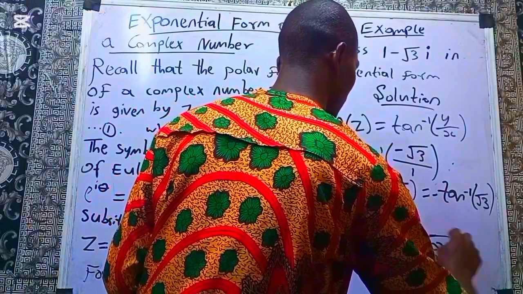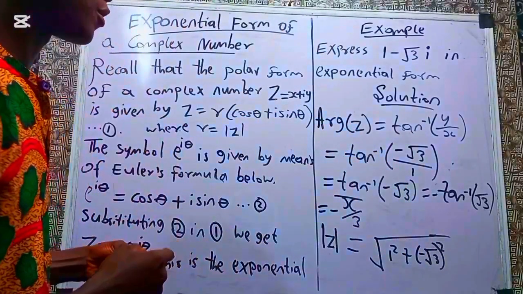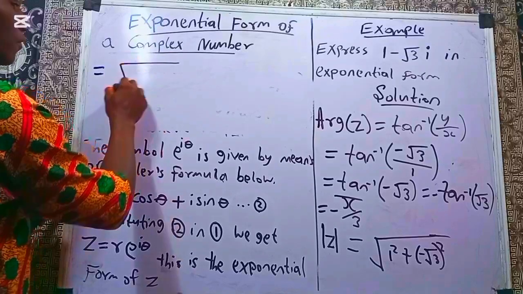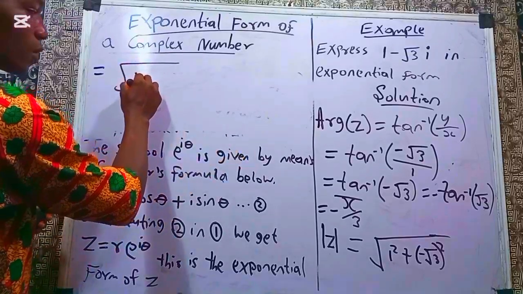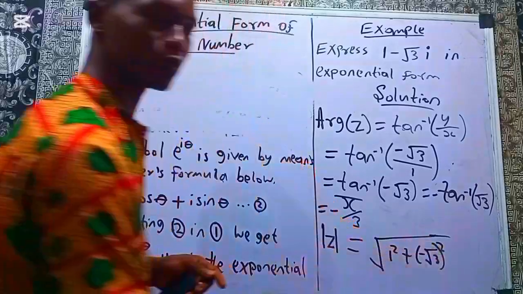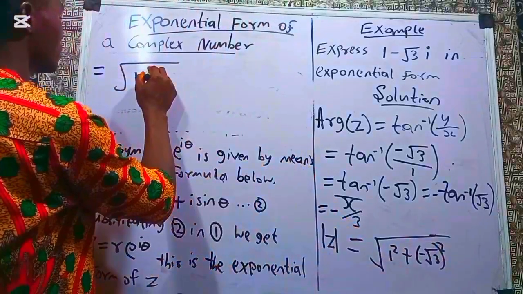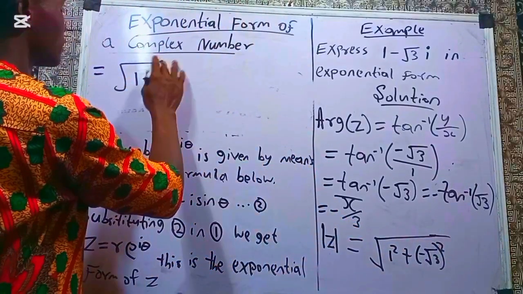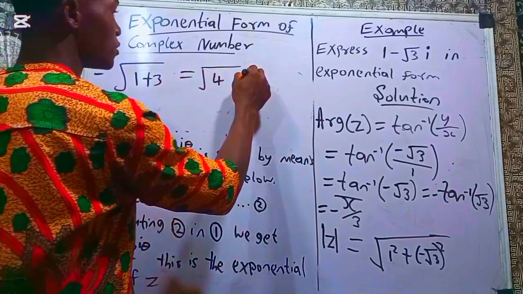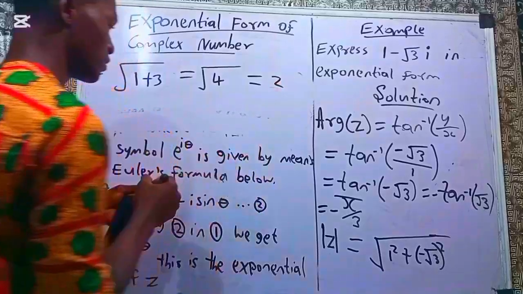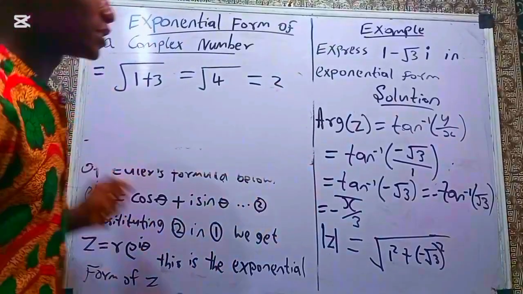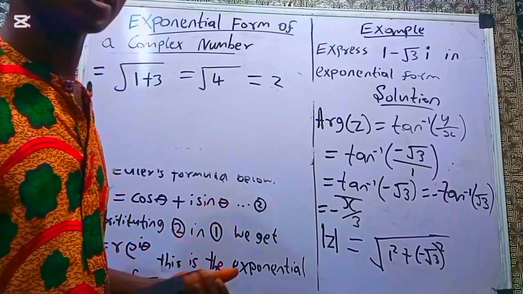Then you square it. So this will be equal to square root of 1 squared, which is 1, then negative square root of 3 all squared gives you 3. So you have positive 3. Then 1 plus 3 is 4. Square root of 4 is 2. So with this, we have gotten the modulus of this complex number.